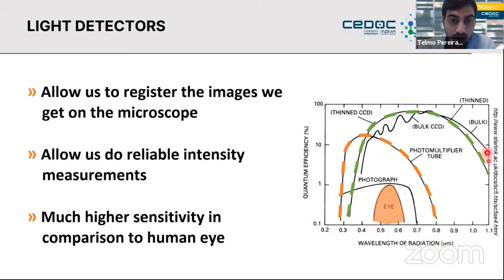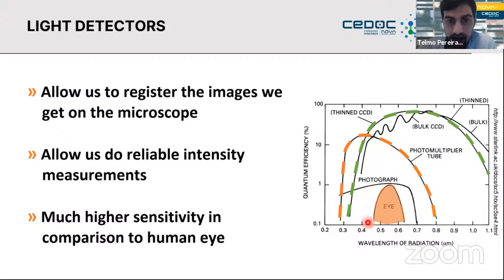If we look at this graph here on the right, on the x-axis you have the wavelength of radiation, and here you have the quantum efficiency of each of these detectors. The quantum efficiency is, in simple terms, how likely it is for this detector to detect this particular wavelength. You can see that the human eye is just on this part of the spectra.